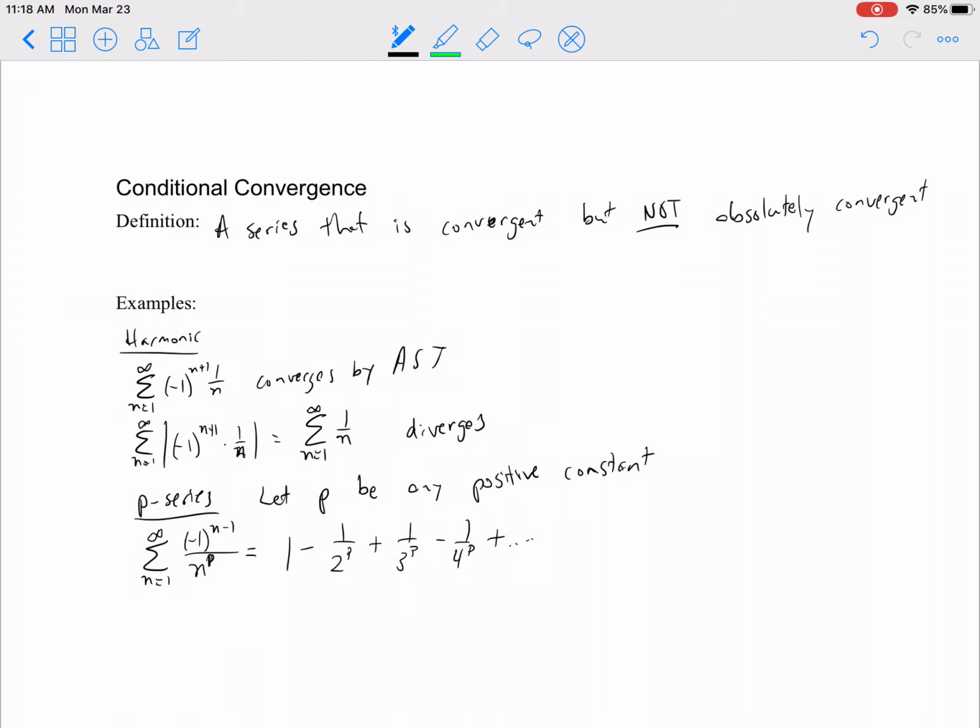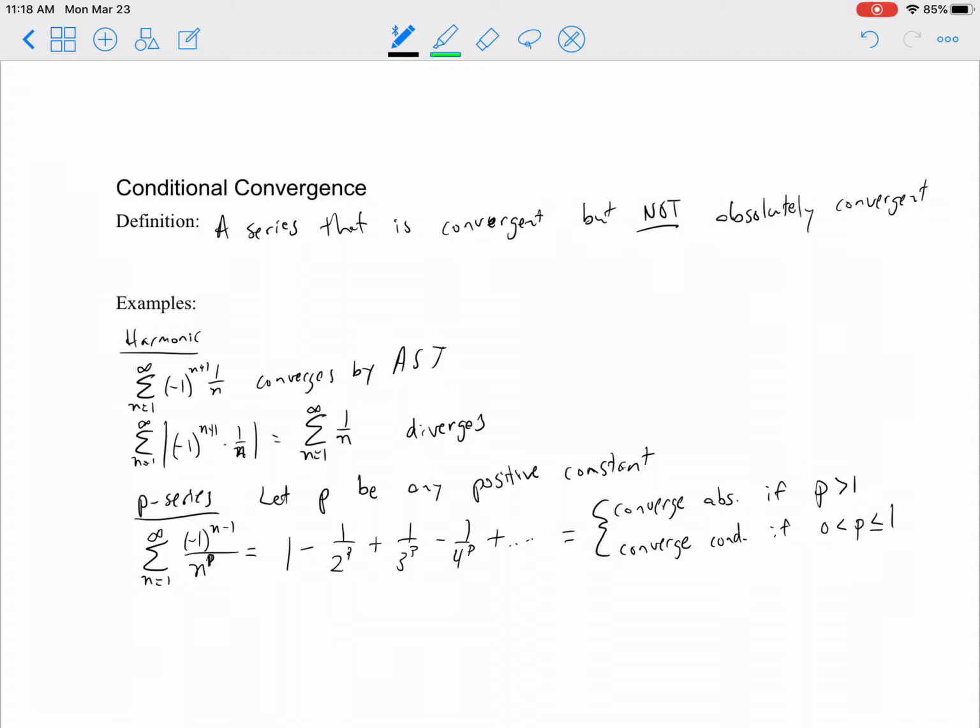And this thing will converge absolutely if p is greater than 1, and it will converge conditionally if p is greater than 0 but less than or equal to 1.